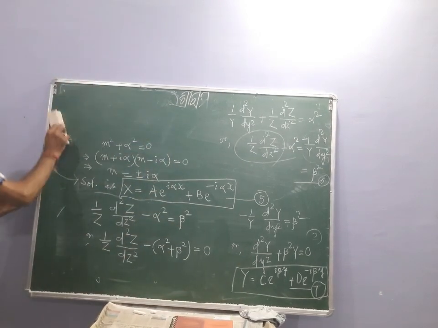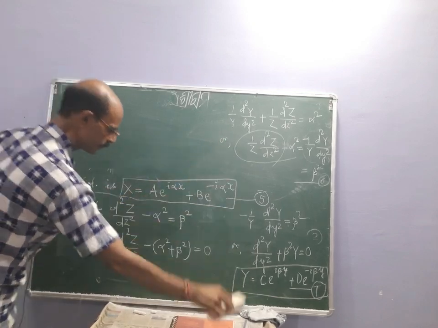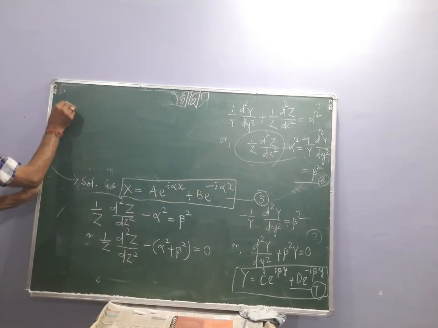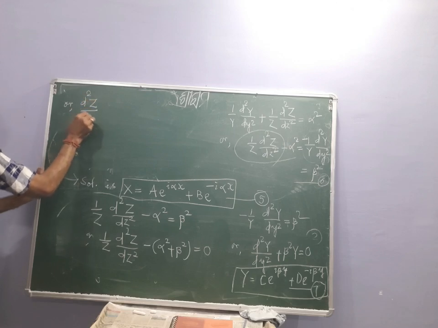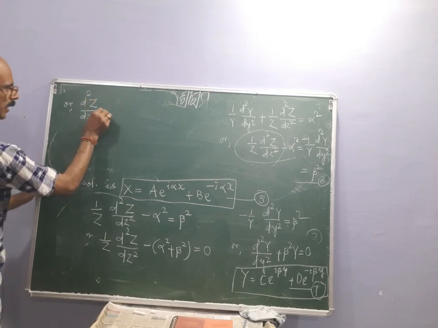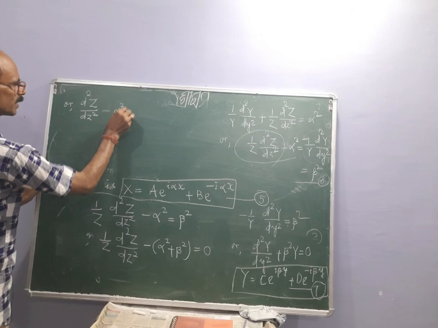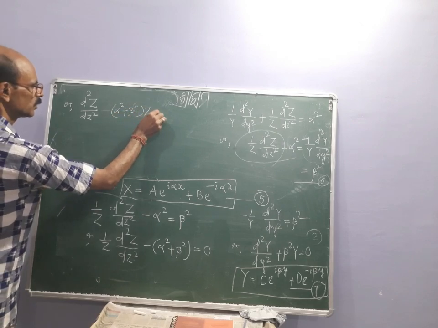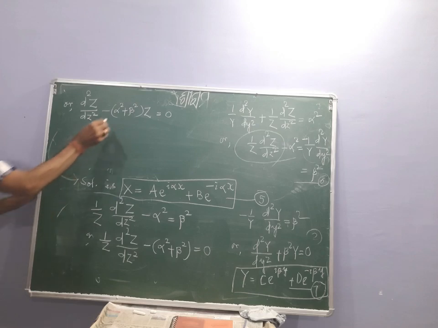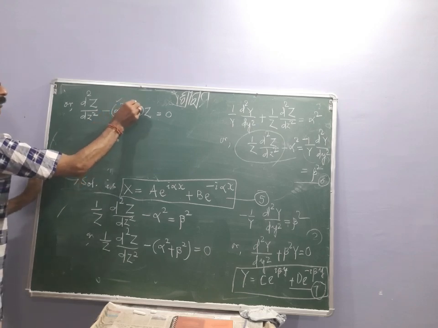Or d square Z by dz square minus alpha square plus beta square into Z is equal to 0. Alpha is constant, beta is constant.